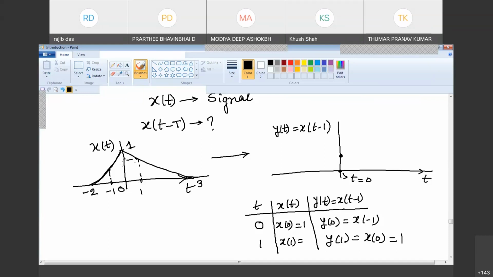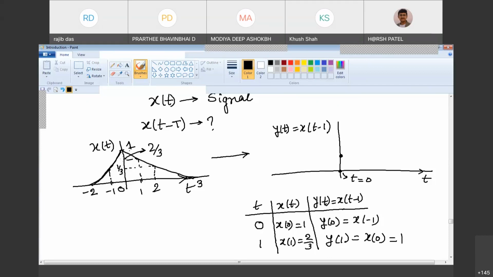So this value is 2 upon 3. Good. You can calculate that on the basis of the slope. Compute the slope, then find the height. And at t equal to 2, what is the value? 1/3. It's fine.